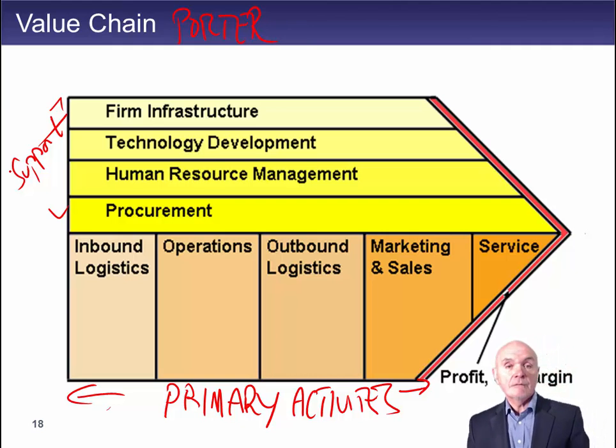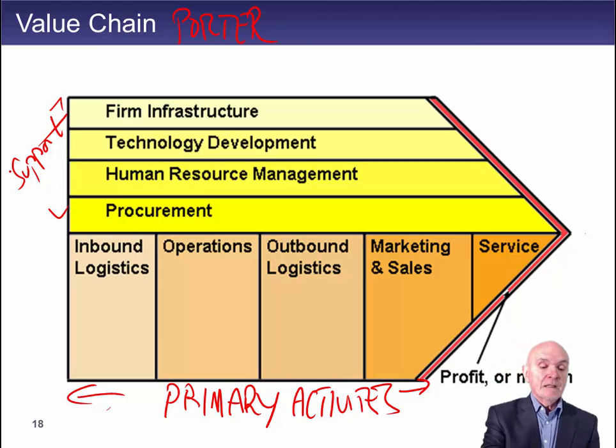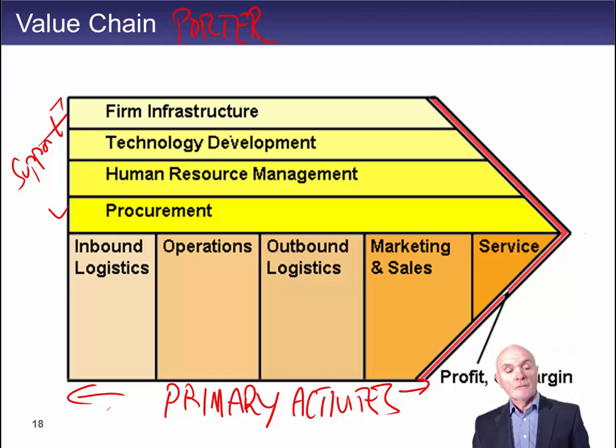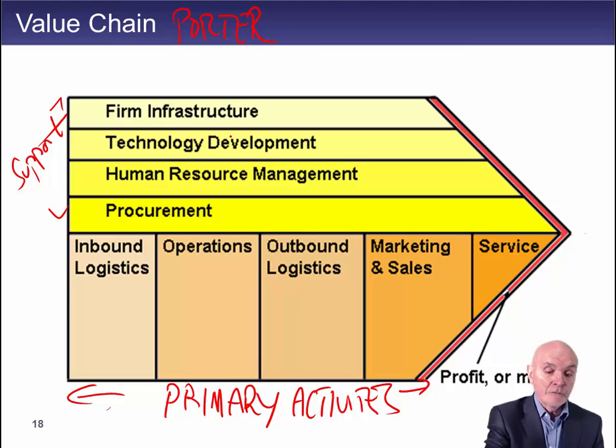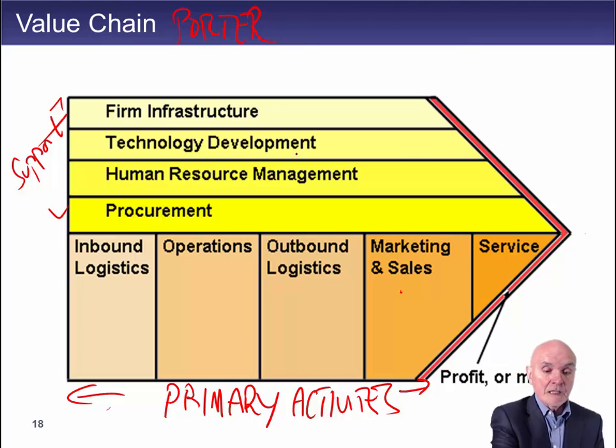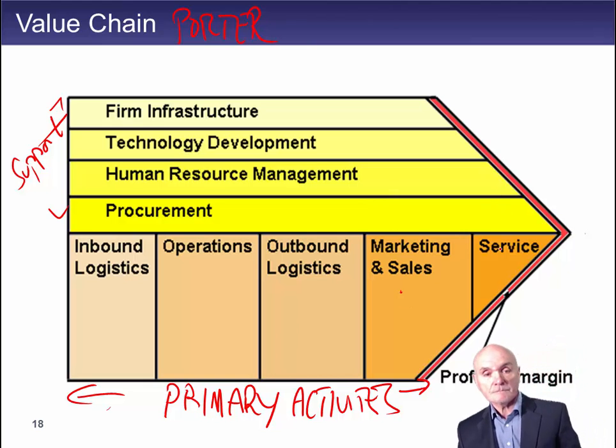That can be researching and developing either new products or new processes. The reason Porter puts these horizontally along here is you can, for example, research and develop different ways of manufacturing, different operations. You can research and develop different ways of marketing, or different ways of distribution and so on. So these support activities support potentially any and all of the primary activities.